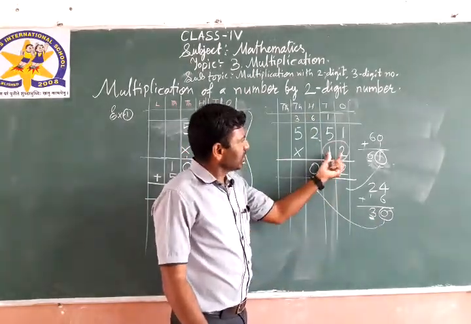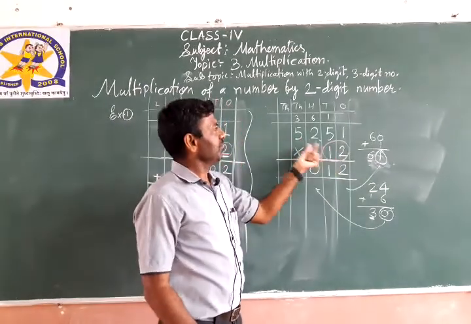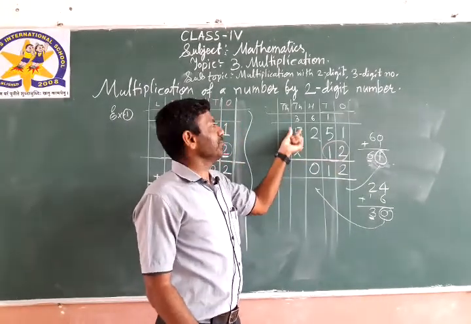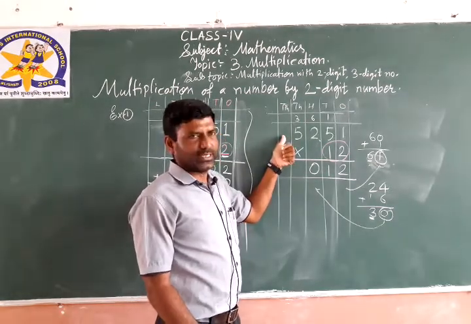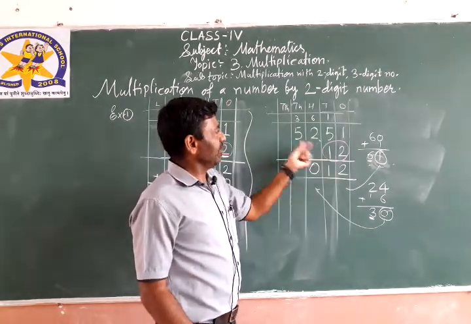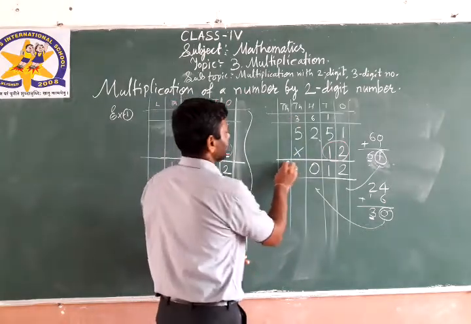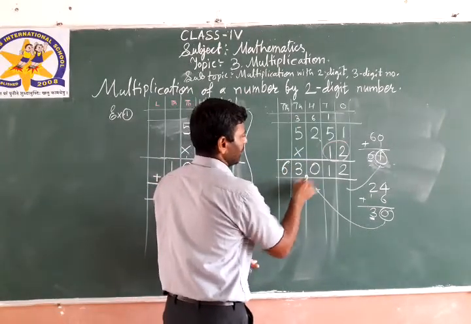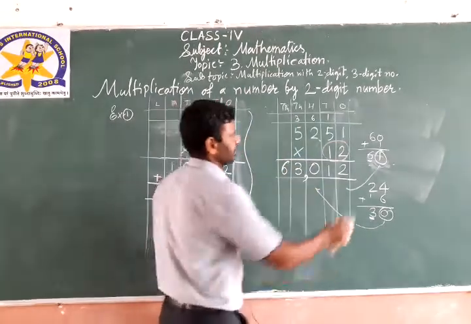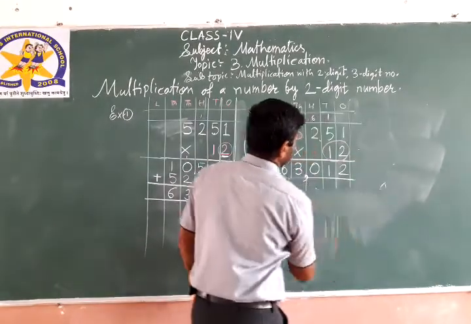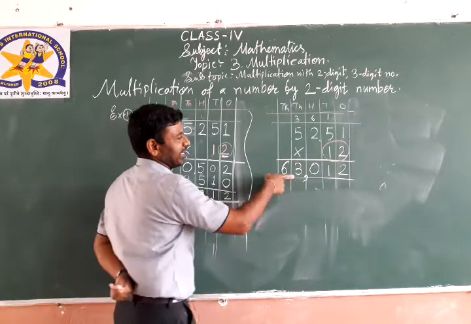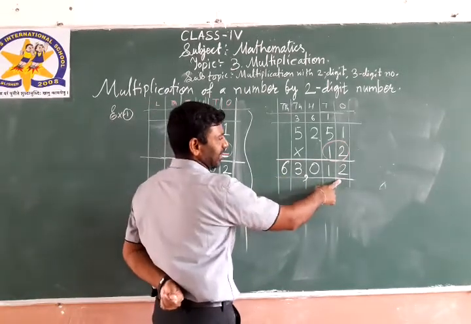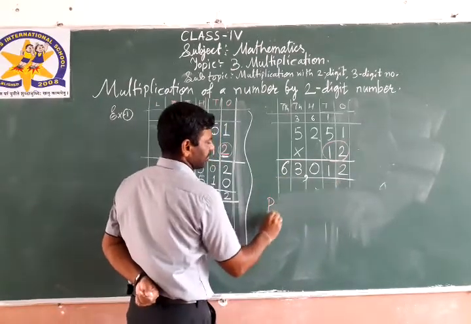Then 12 fives are 60, 60 plus 3, 63. Any again digit is there? No. So 12 fives are 60 plus 3, 63. Put comma. Now check the answer whether right or wrong. 63,012. This is the product.